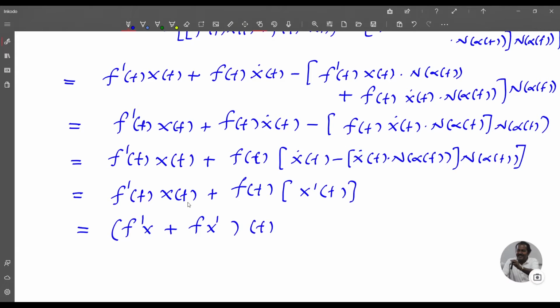That is, fx whole prime is f prime x plus f x prime. That is, covariant derivative of f x equal to f prime x plus f into covariant derivative of x.